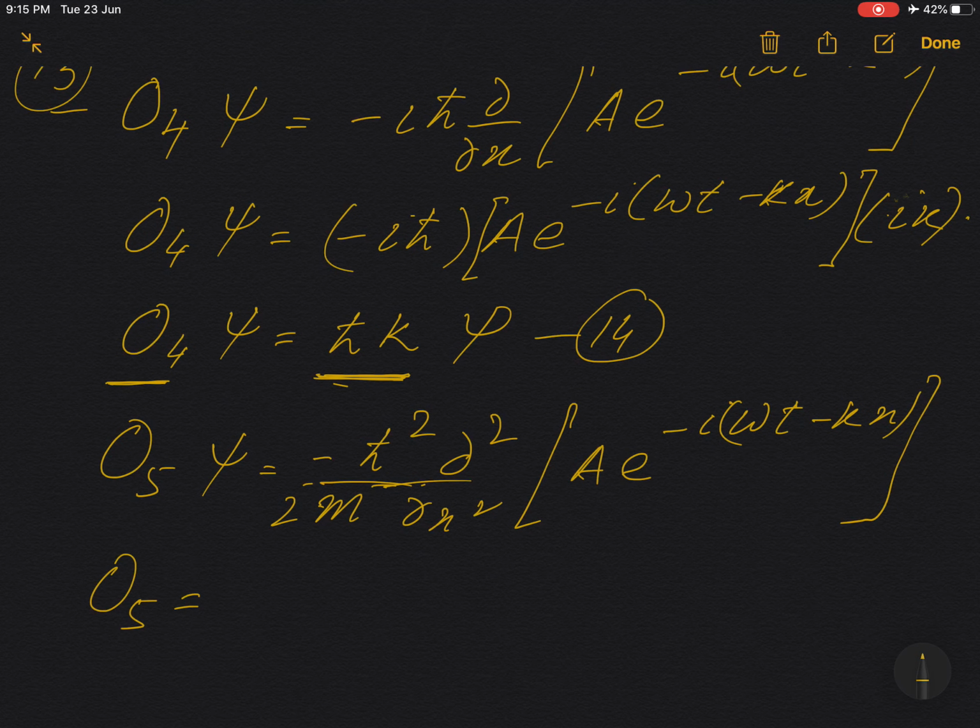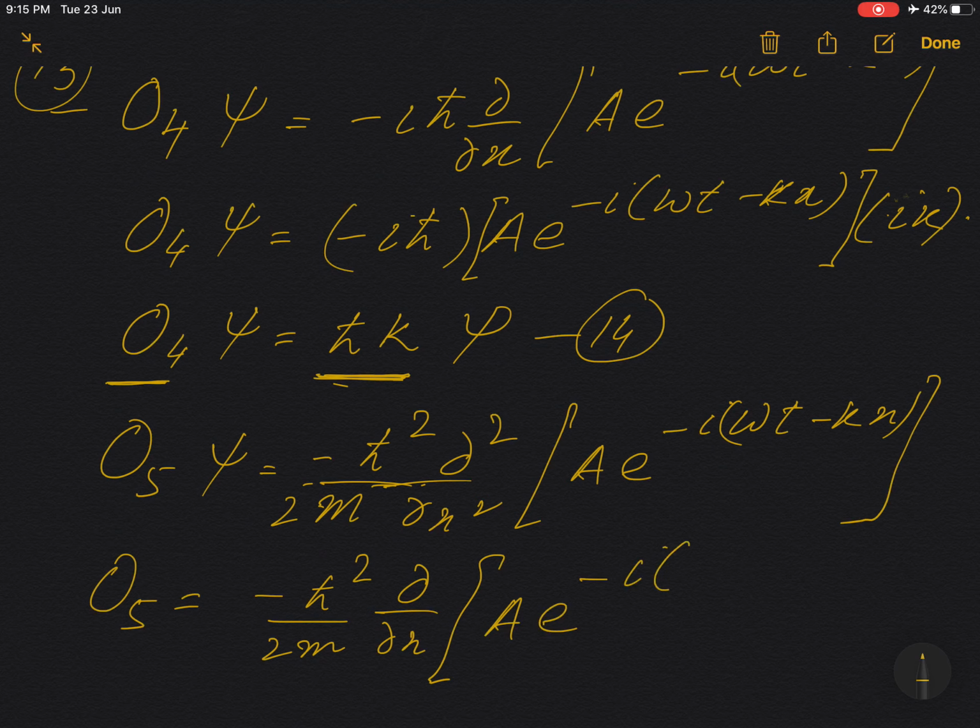It is nothing but minus ħ squared upon twice m, del by del x of, if I operate on this function once, I will be getting A e raised to i(ωt minus kx), and obviously the derivative of this quantity with respect to x comes out to be again k, and to be precise it is ik.